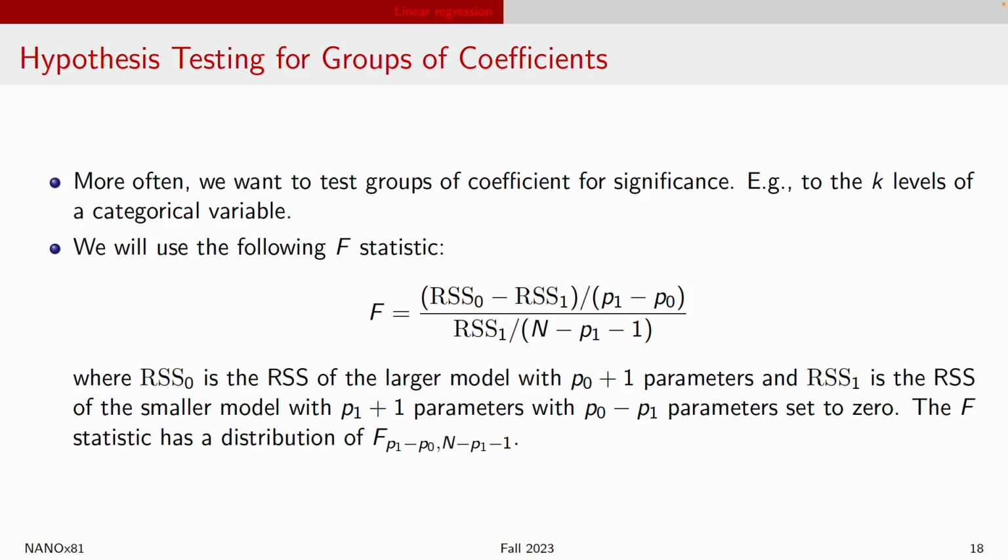The F statistic is given by the residual sum of squares of the smaller model, where you take out the entire set of categorical variables, minus the residual sum of squares with all the parameters, divided by p1 minus p0, which is the difference in the number of parameters in the two models. Essentially with this formula, you can run an F test to check whether that entire set of categorical variables matters in the prediction of your final target, okay? All right.